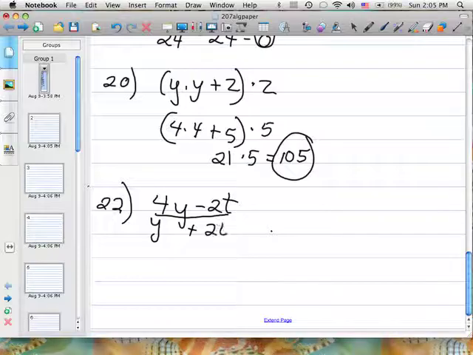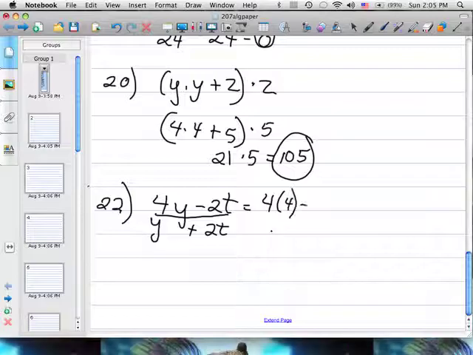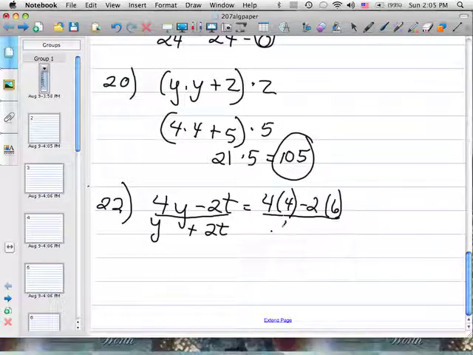Starting from the left, 6 times 4 is 24. Put the minus sign down, do all the multiplication here. 2 times 3 is 6, and 6 times 4 is 24. So 24 minus 24 is 0.